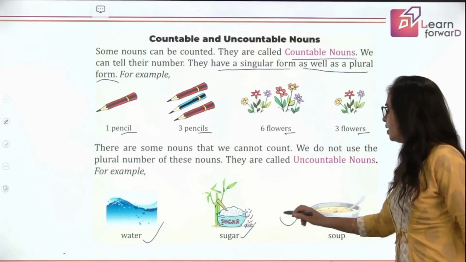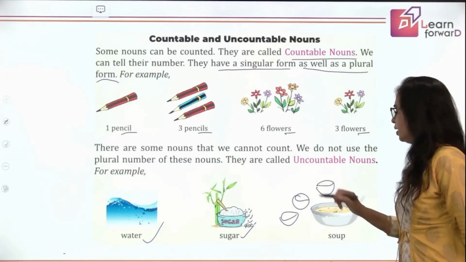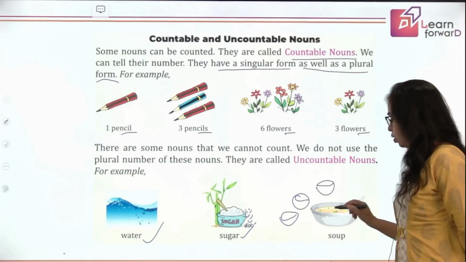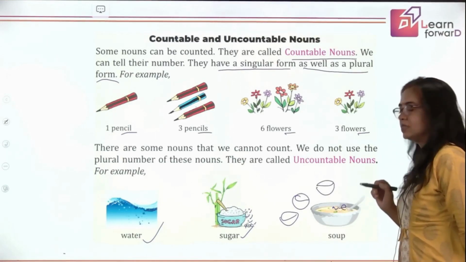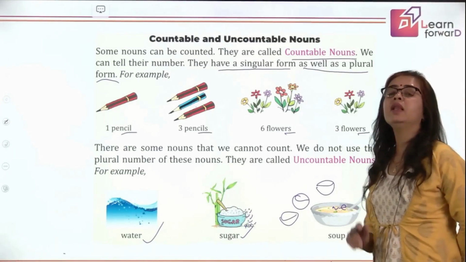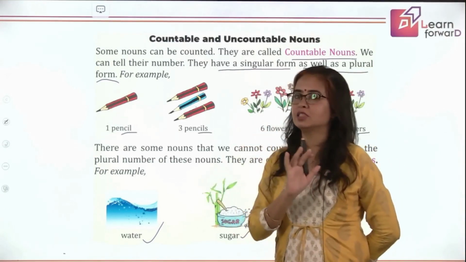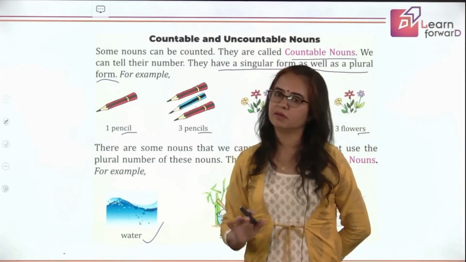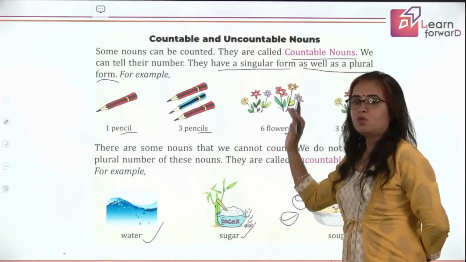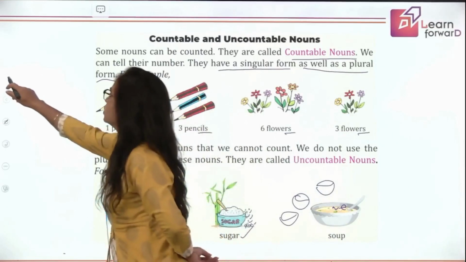So I'll be counting the 4 bowls of soup here. I cannot count the soup inside, right? So soup is also uncountable, and almost all the liquids. Liquids are especially uncountable, right? So this was about countable and uncountable nouns.